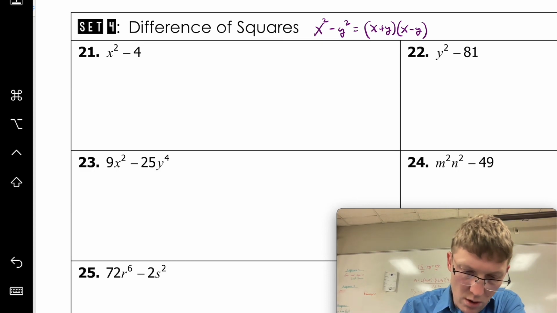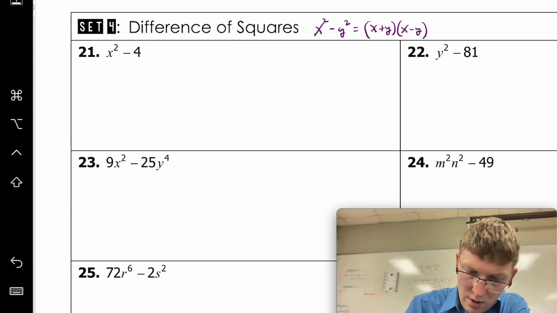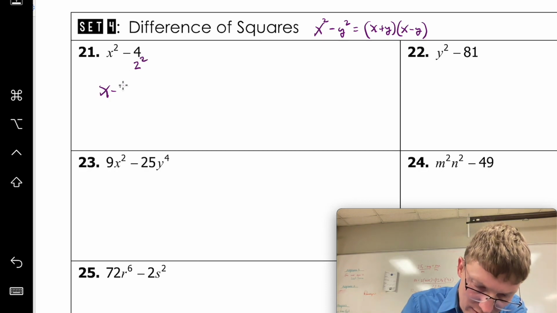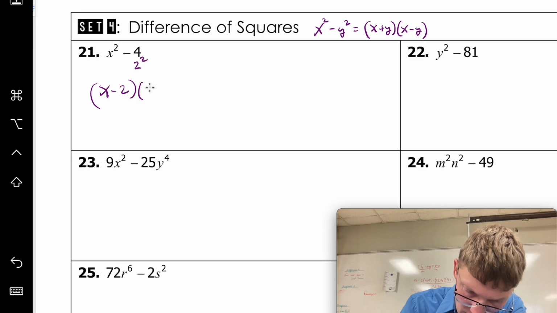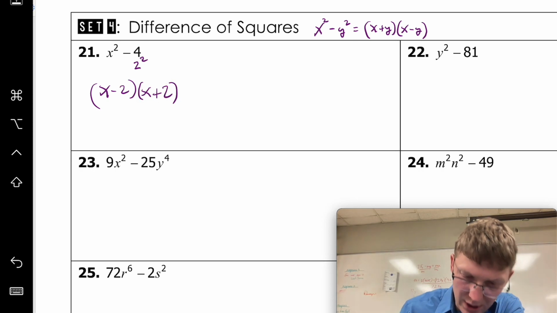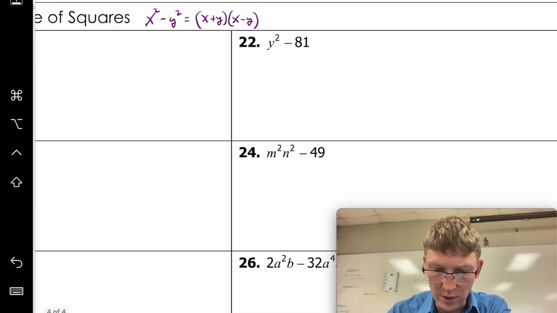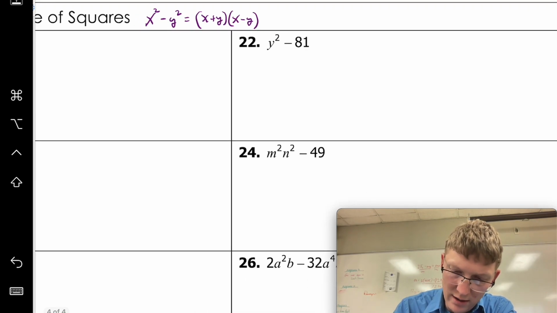So for 21, we've got x squared minus 4. 4 is the same as 2 squared. So we're going to have x minus 2, x plus 2. And it's easy as that. Like 22, we've got a y squared and 81. 81 is a perfect square.